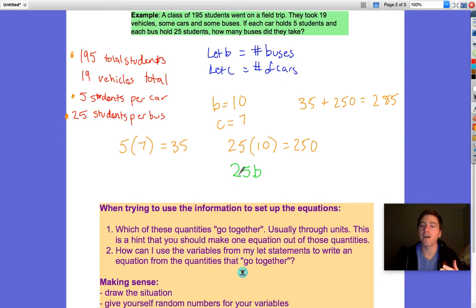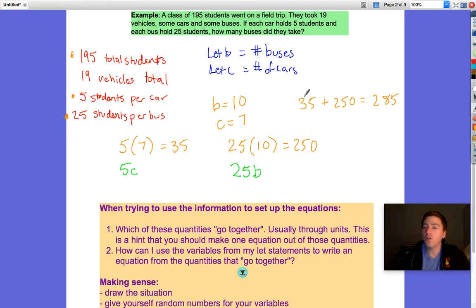Same thing with cars: I would do 5 students times however many cars I have. So that gives me 5C. It's just making sense of what's going on here. If you can put numbers with it, you don't have to do this. These are just examples of ways you can make sense of it.